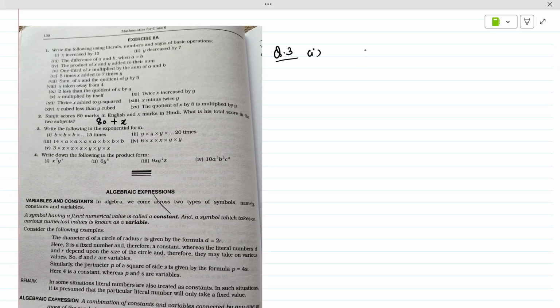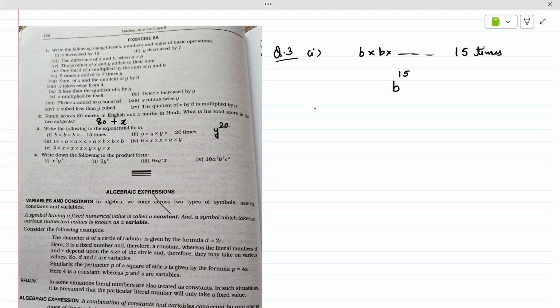So when we write it in the exponential form, first of all, we will write the base, that is B, and the exponent, which is 15 here, because we are writing this 15 times. Okay. Next here we have y into y up to 20 times. So base will be y, exponent will be 20, and we call it y raised to the power 20.